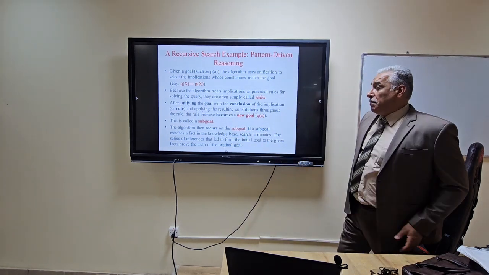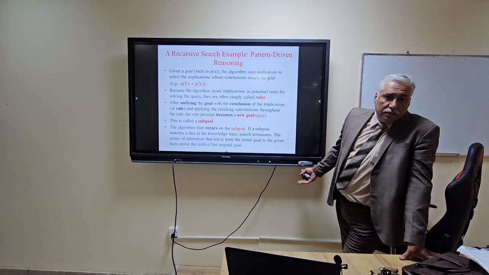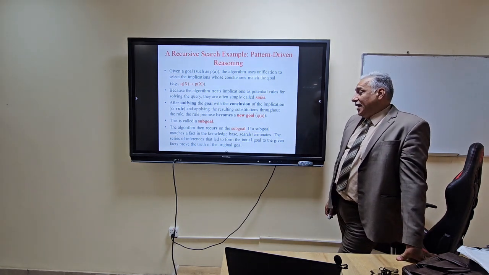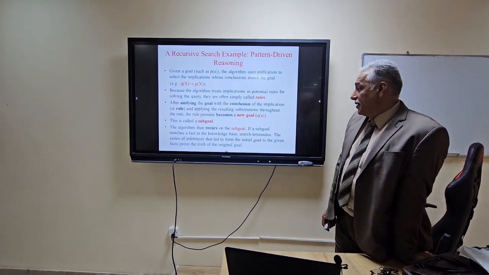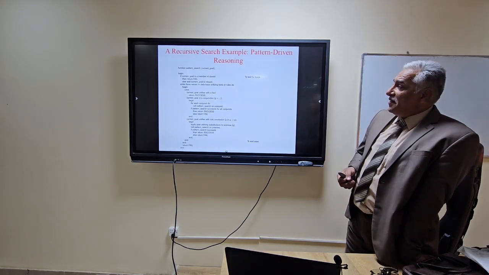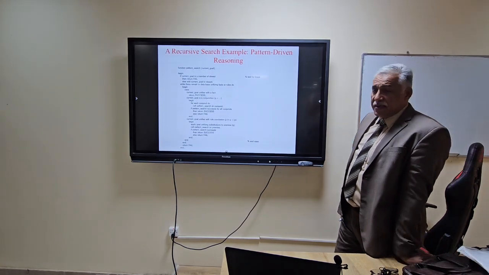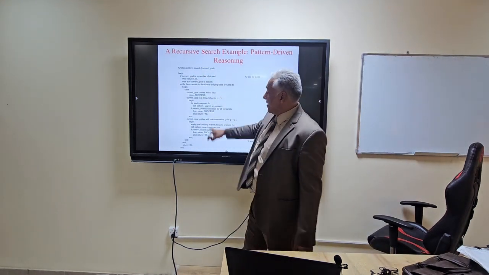If the sub-goal matches a fact in the knowledge base, search terminates. The series of inferences that lead from the original goal to the given facts proves the truth of the original. This is represented as the pattern-driven reasoning algorithm with the function pattern search, and this is the algorithm.